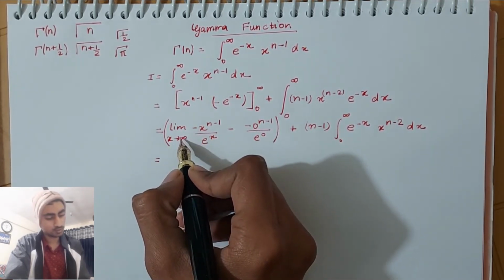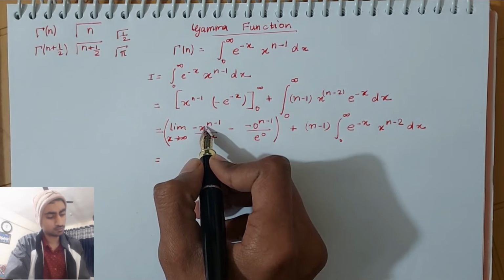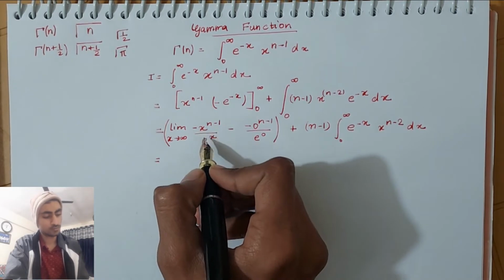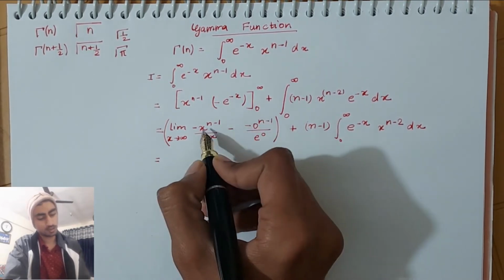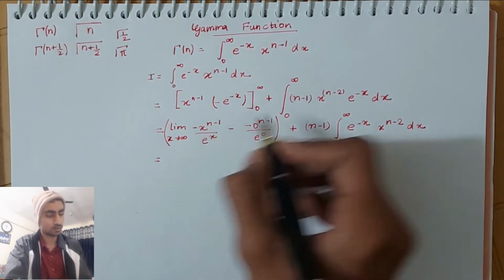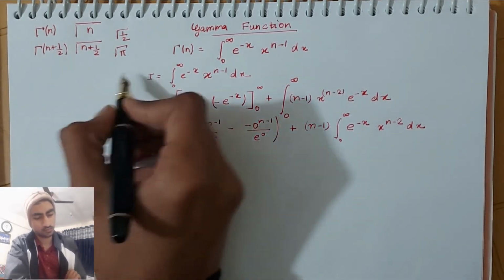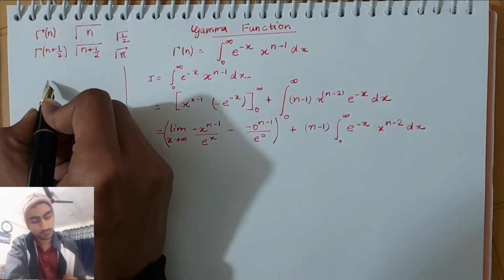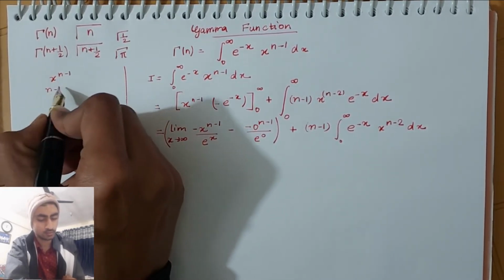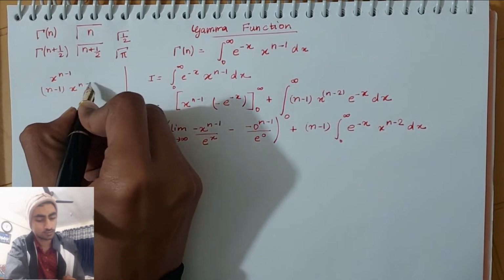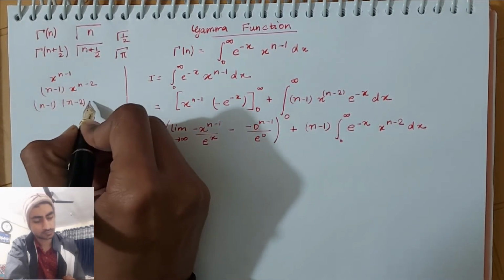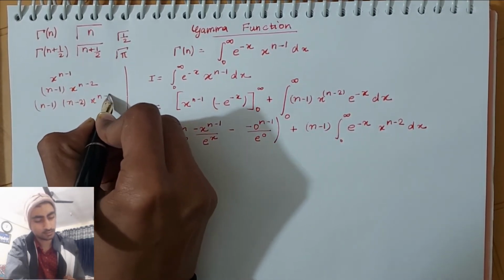When we put the limit infinity, it reduces to the form infinity by infinity. So in this case, as you may know, we will have to apply L'Hospital's rule. If we continuously differentiate x to the power n minus 1, let's say I am doing it in rough over here, the derivative would be n minus 1 times x to the power n minus 2, then n minus 1, n minus 2, x to the power n minus 3, and so on.